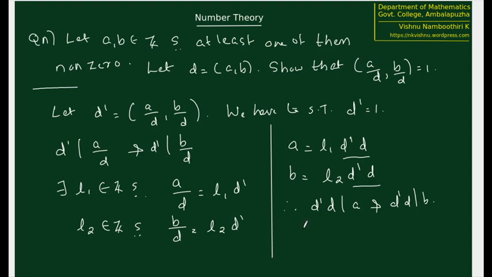Any common divisor of a and b must be less than or equal to its GCD. Therefore, d dash d is less than or equal to the GCD of a and b, which is equal to d. So here we have d dash d less than or equal to d.